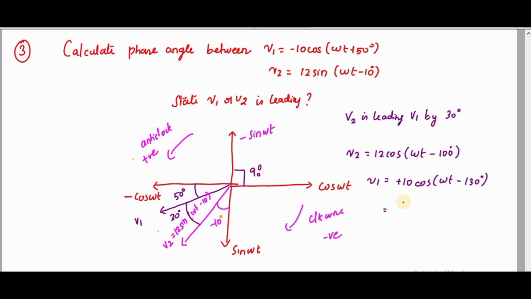So this I can write as 10 cos(omega t minus 100 minus 30). You can see V1 is lagging V2 by 30 degrees, which means V2 is leading V1 by 30 degrees. This is how you have to draw the phasor diagram.